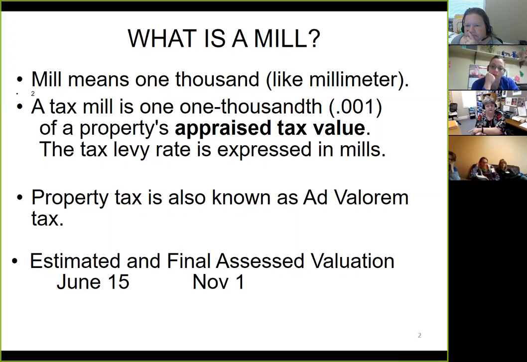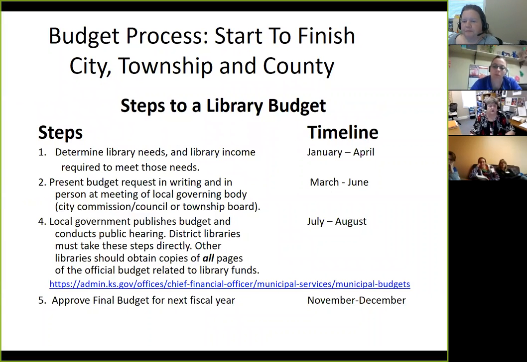So the mill levy will change slightly depending on what that valuation does. If the valuation went up, the mill will go down, with your budget dollars in the center. If your valuation went down, your mill levy will go up slightly. It's an inverse relationship. So keeping that in mind, I've put this back in here so you can look through this again and get the idea of timing.